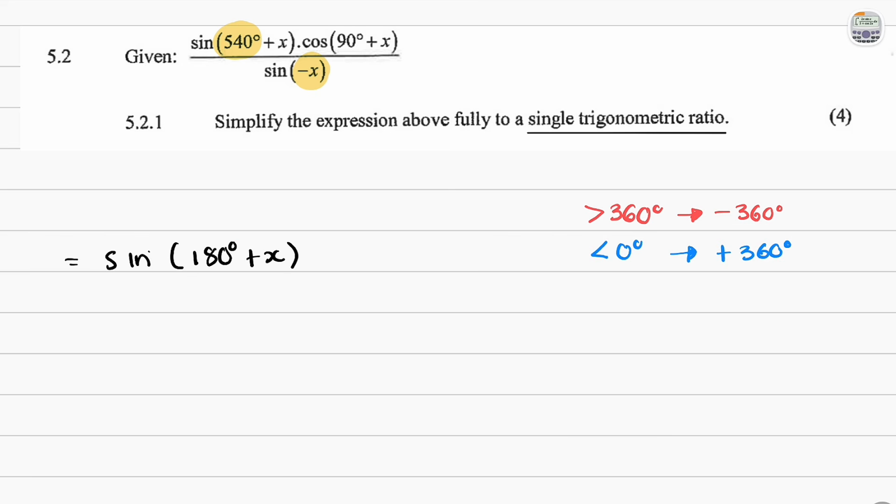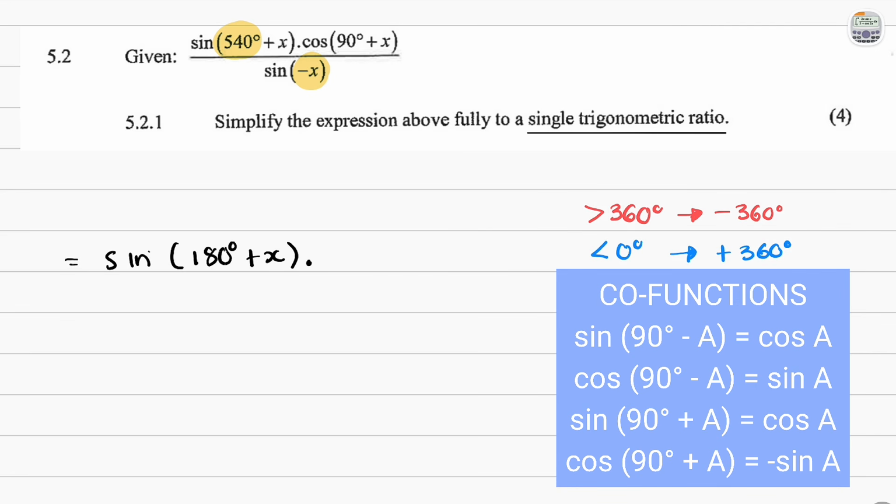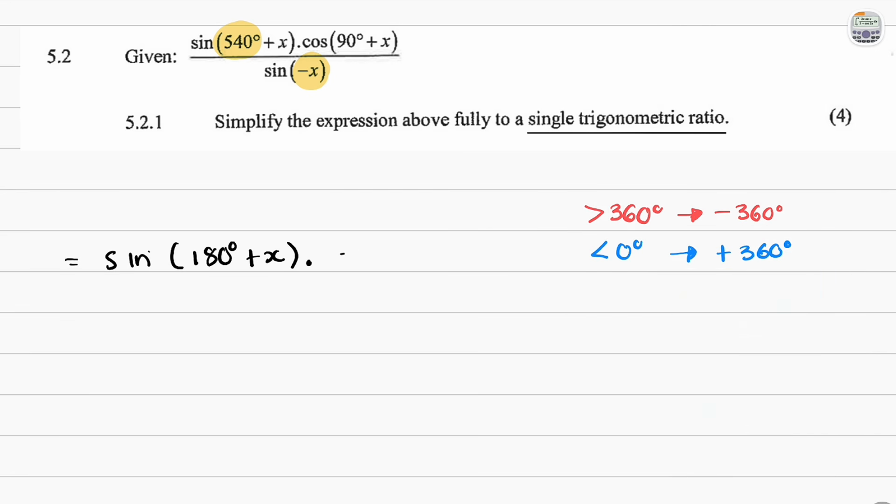Okay, and now you can see we can simplify that using our reduction diagram. Okay, so multiply by, and we have cos 90 degrees plus x. That is clearly cofunctions. Remember your cofunctions? So this simply simplifies to negative sine x.